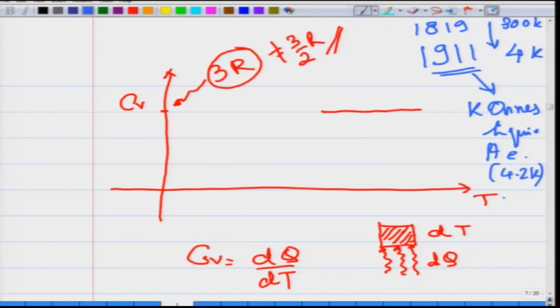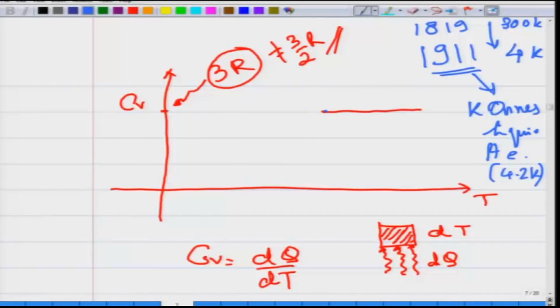So, you could go from room temperature down to 4 K, a wide temperature range, and people were interested in what happens to the properties of the solid. For example, the thermal property, which is the specific heat. If we measure it as a function of temperature, does it remain constant at 3 R or does it vary?